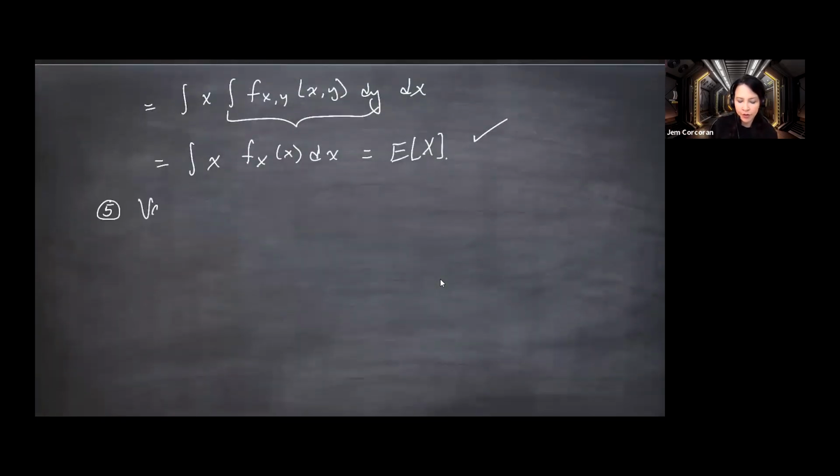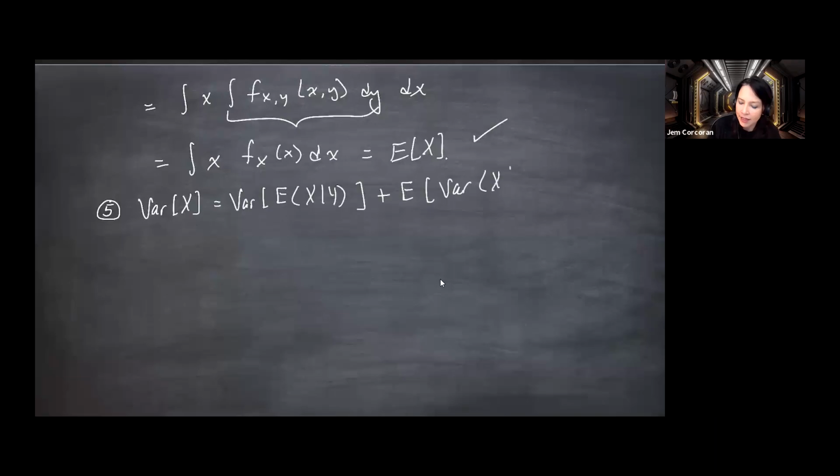If I want to compute the variance of a random variable x, and I want to drag another random variable in because it makes the computation easier, then I could write this as the variance of the expected value of x given y, but that's not all, plus the expected value of the variance of x given y. That's not so nice. No one would do that unconsciously.